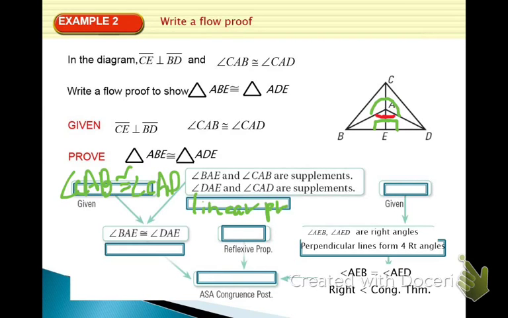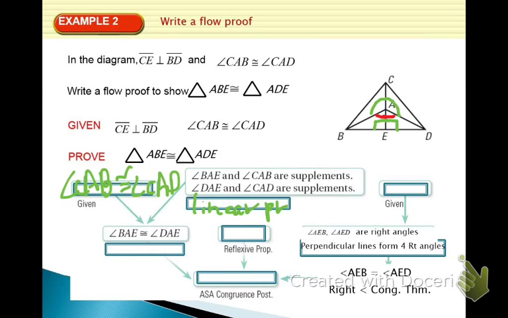Those two are congruent. Does anybody remember the rule? It involves supplements and congruent angles. What is the rule? Congruent supplementary. Yeah, and what does that say? The rule says supplements of congruent angles are congruent. BAE and DAE are supplements of these two congruent angles.